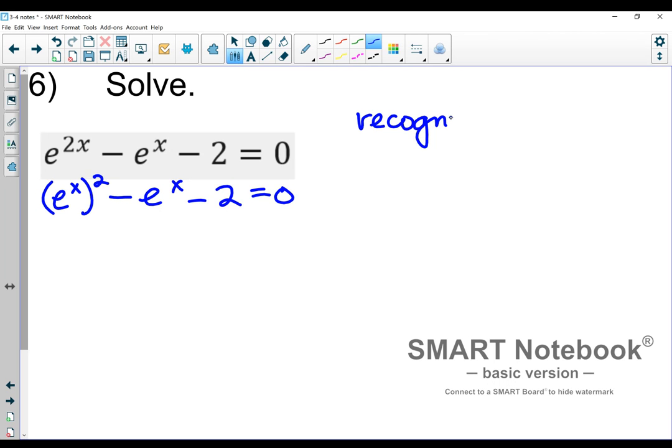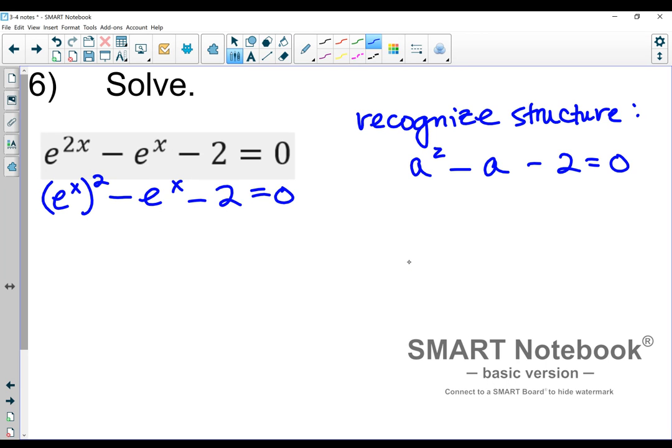So let's see if you can recognize the structure. So hopefully it's a familiar problem. So I could rewrite this as a squared minus a minus 2 equals 0, where a is really e raised to the x power.